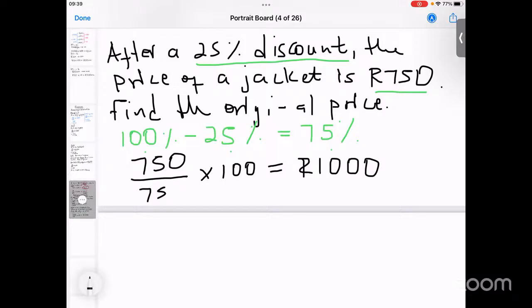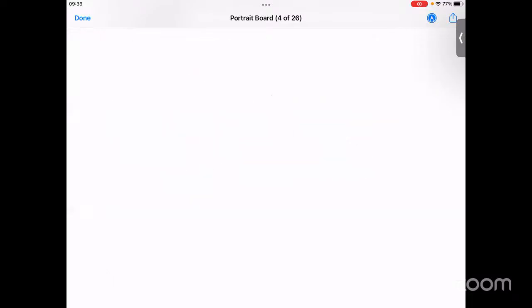I hope that part makes sense. So what I've just done was the steps in which you work it out in case they are talking about a discount and they give you the price after the discount was applied. Then for you to calculate the original price, you say, okay, originally it was 100%, and then they removed 25%.